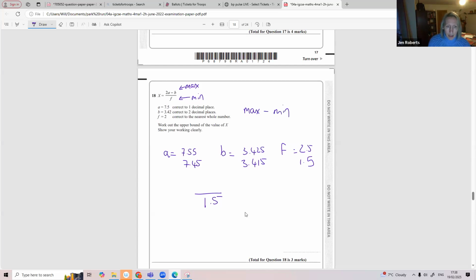So we need the max of A. So 2 times 7.55 minus the min of B. I'm just going to work out that numerator first. 2 times 7.55 minus 3.415 is 11.685 over 1.5, 7.79.